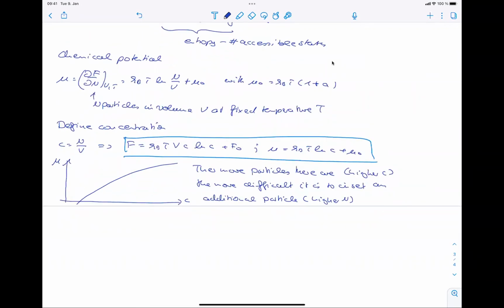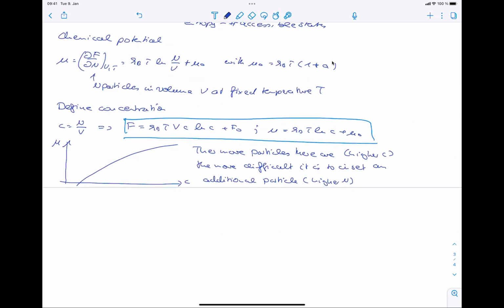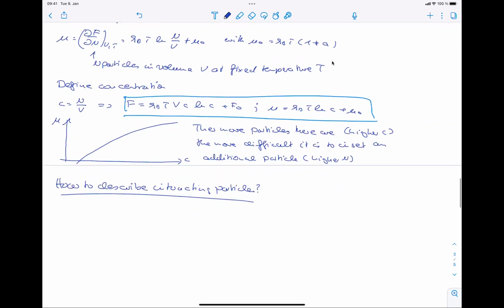And now we learned how to describe these interacting particles by looking at the polymer melts, which we're going to join here now. So we now describe the composition using the volume fraction.